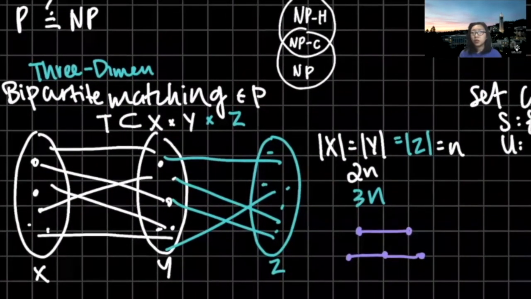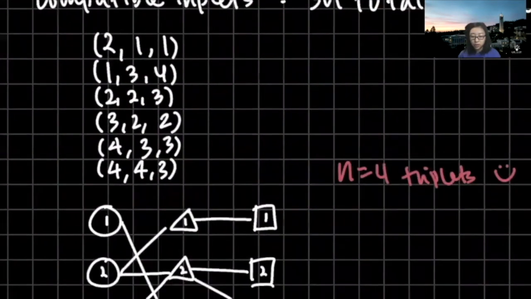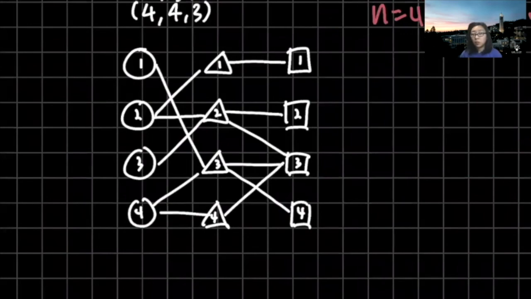And in order for us to enforce the rule that each member is in exactly one triplet, we can only pick n triplets. For set cover, you can actually set a budget. For example, I can set the budget to be 4 in this case, and we would only be picking 4 sets.